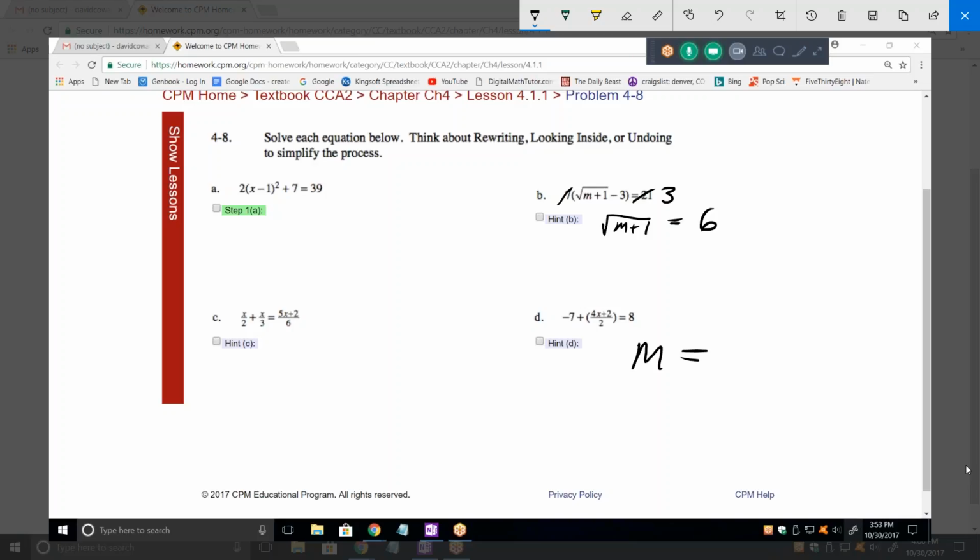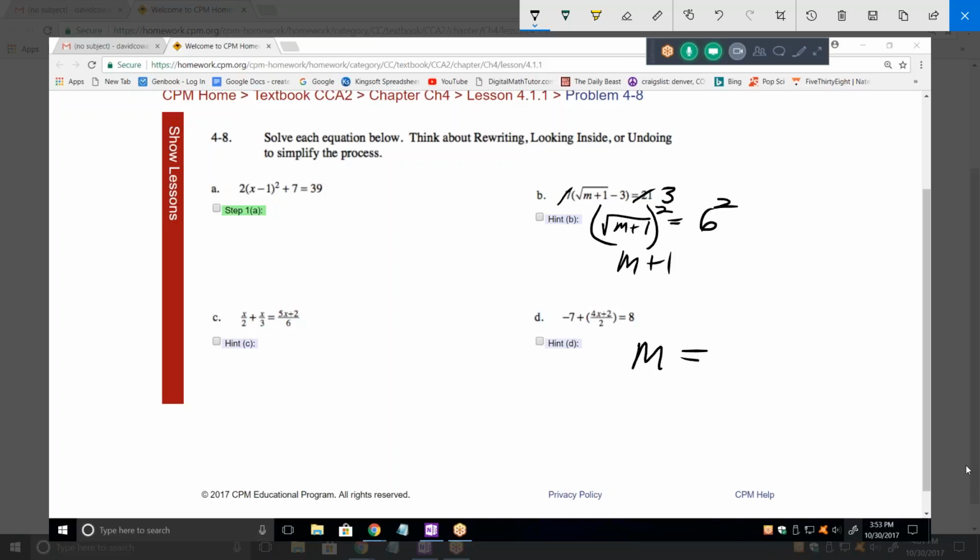Do you square it? Yes. You square both sides. You square the left, I got to square the right. Now when I square the left, what am I left with? M plus 1 squared? Just m plus 1.